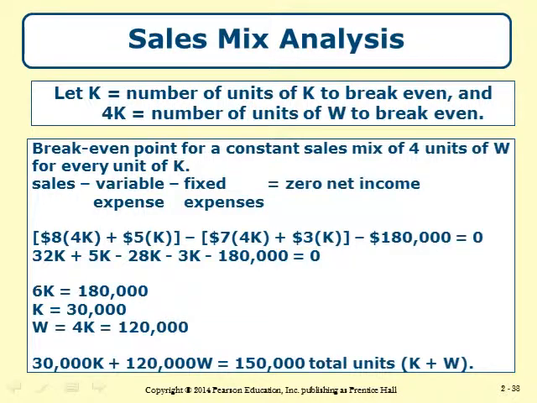So again, we're talking about the mix here, right? 30,000 units of keychains plus 120,000 units of wallets is going to equal 150,000 total units. And that is the sales mix to get to a break-even point.